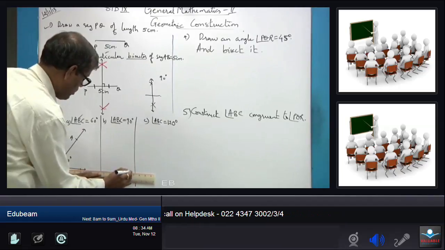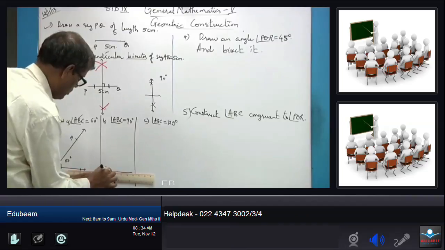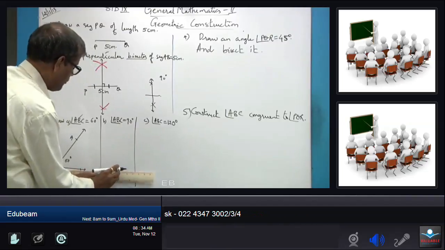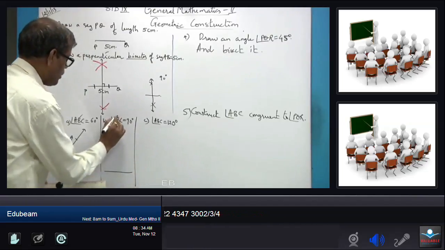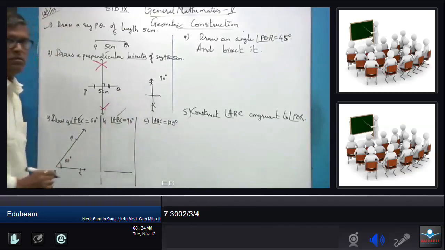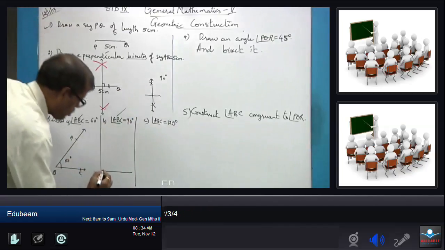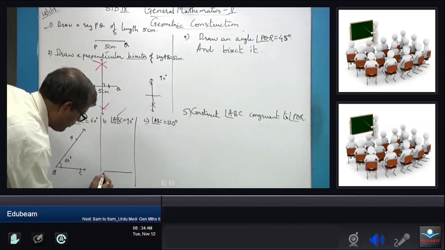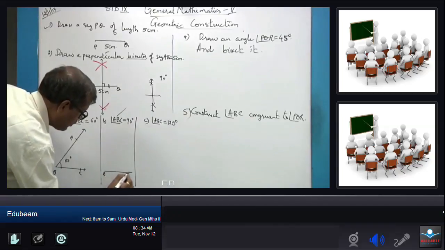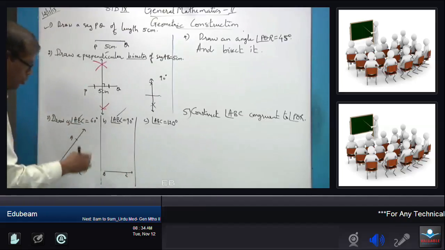Is it clear? The third question. Let's go for the fourth one. Angle PQR is equal to 45 degree and bisect. You know how to measure 60 degree, 90 degree, 120 degree.